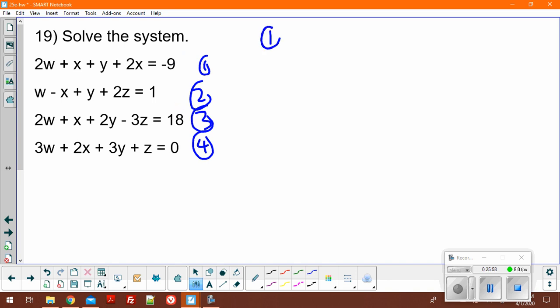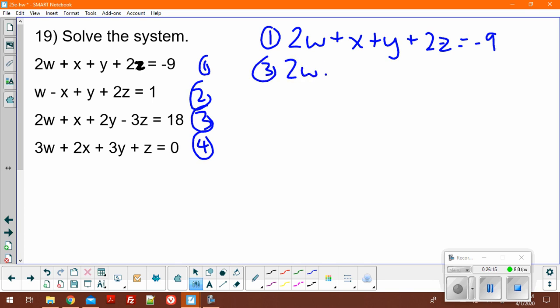If I write out equation 1 again, 2w plus x plus y plus 2z equals -9. And equation 3 is 2w plus x plus 2y minus 3z equals -18.